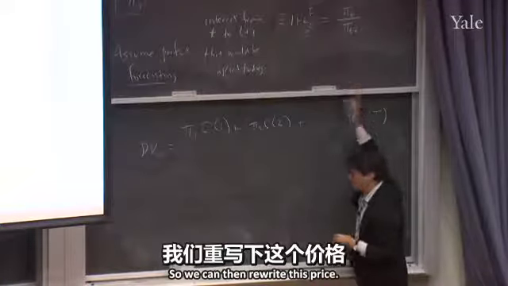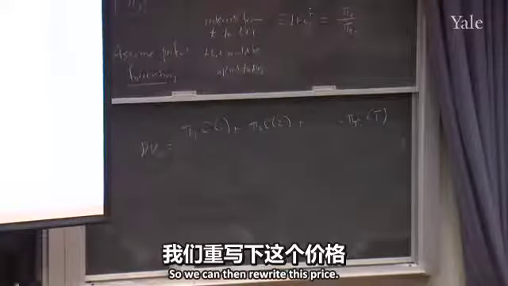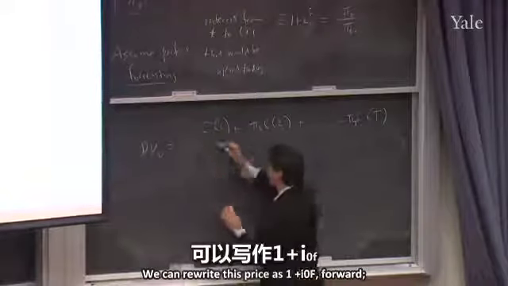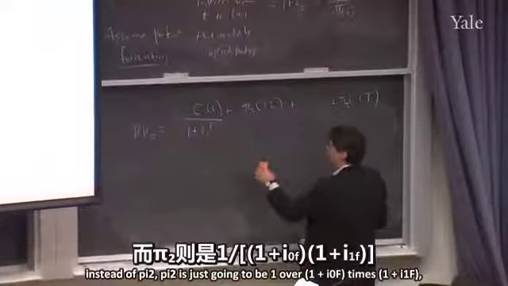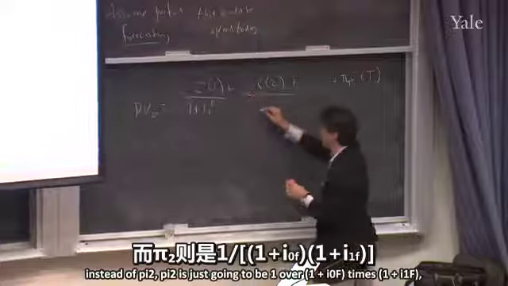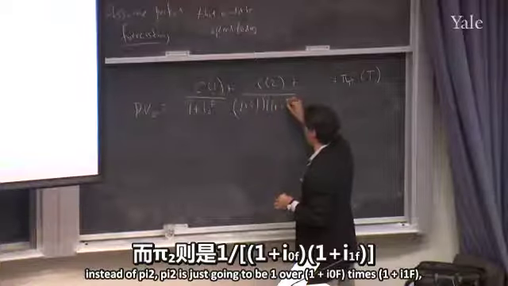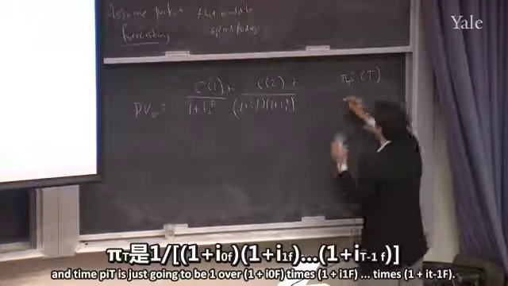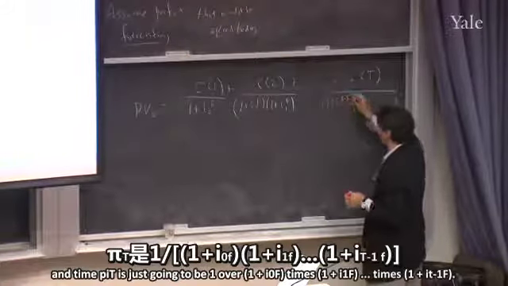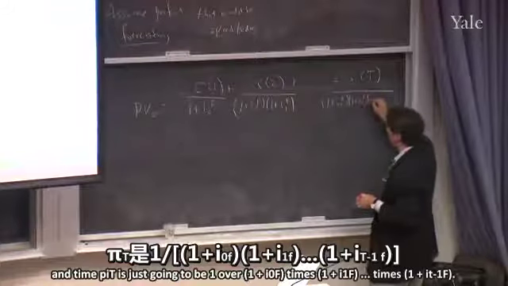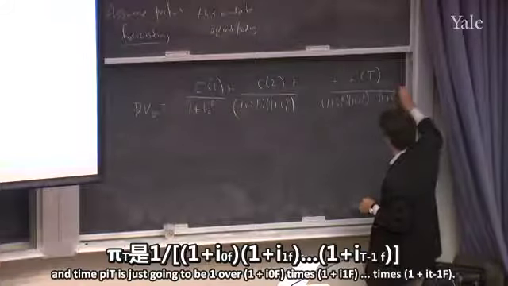Okay, so we can then rewrite this price. We can rewrite this price as 1 plus I0 forward. Okay, that's instead of pi 2 is just going to be 1 plus I0 forward times 1 plus I1 forward. Right, and pi t is just going to be 1 plus I0 forward times 1 plus I1 forward times 1 plus I t minus 1 forward.